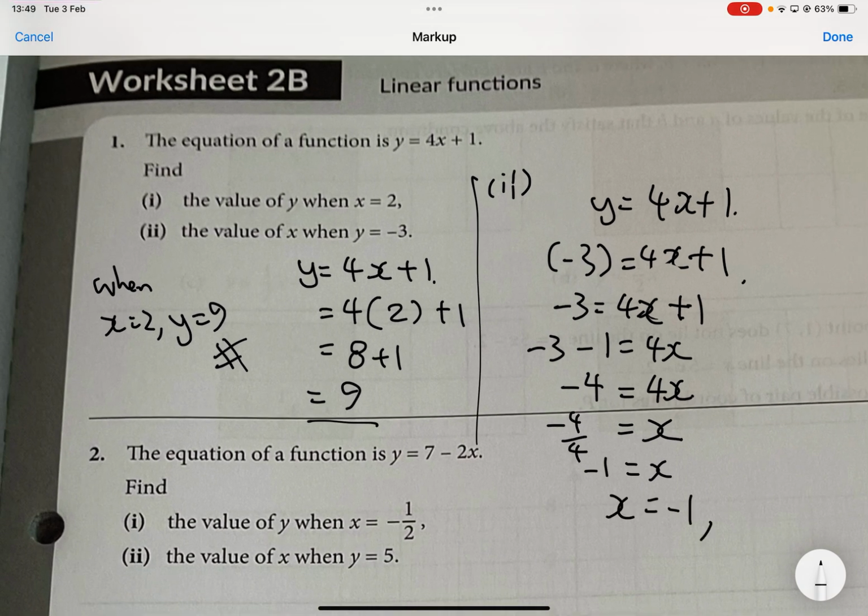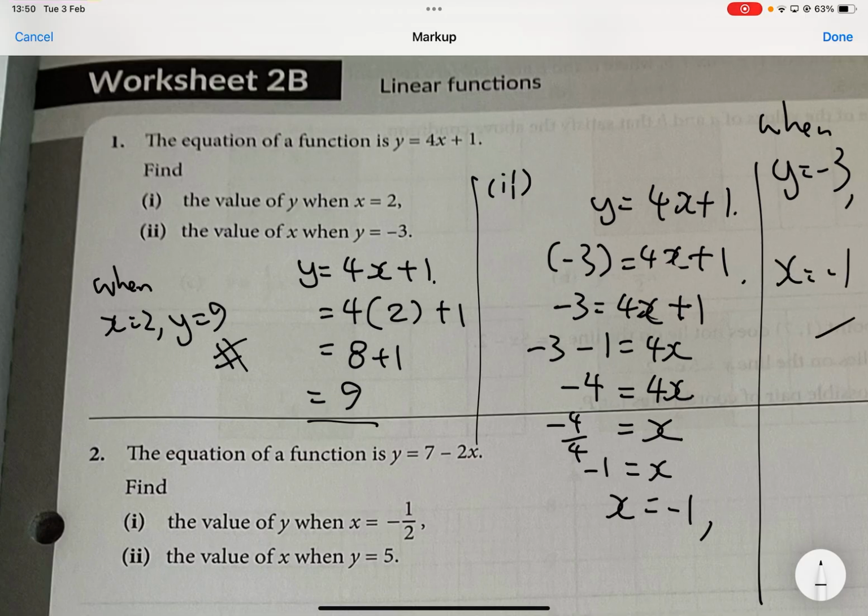So for this part 2, it is actually saying when y equals to negative 3, x equals to minus 1. They are telling you what? When y equals to minus 3, what is the value of x? So when y equals to negative 3, x equals to negative 1.